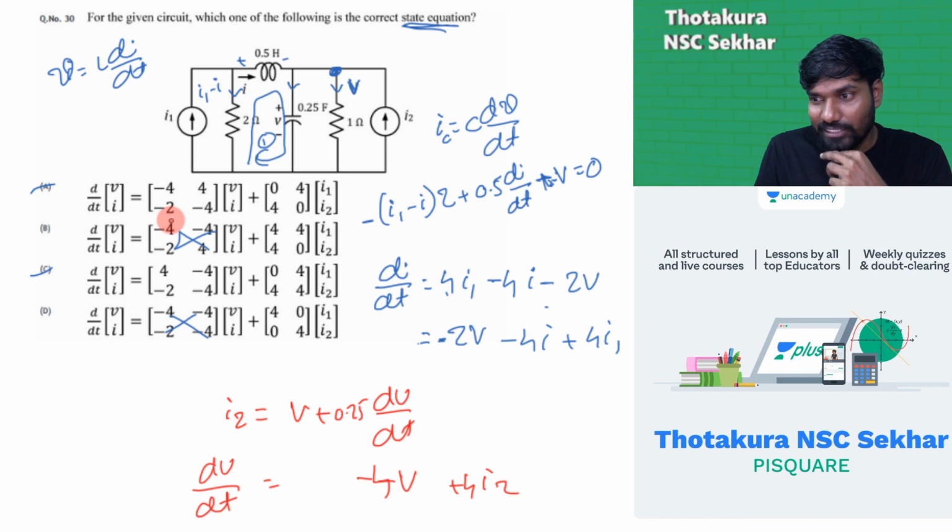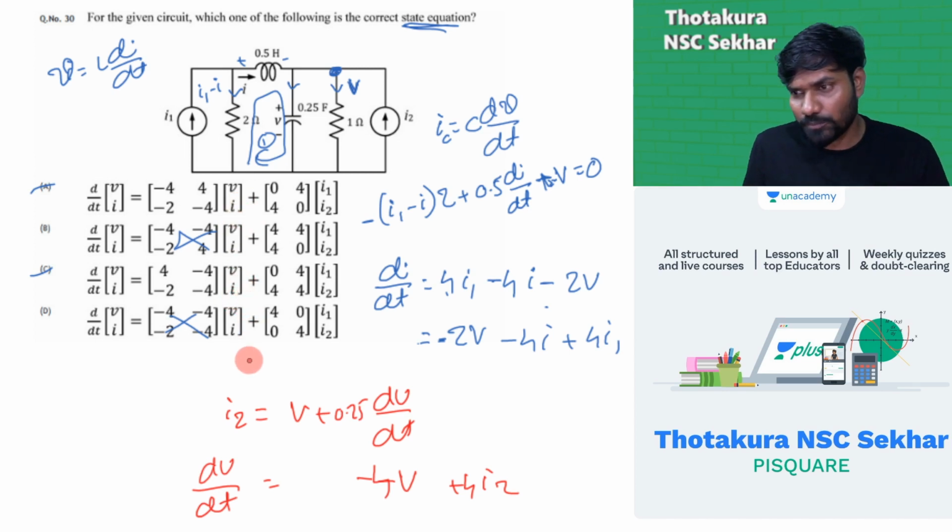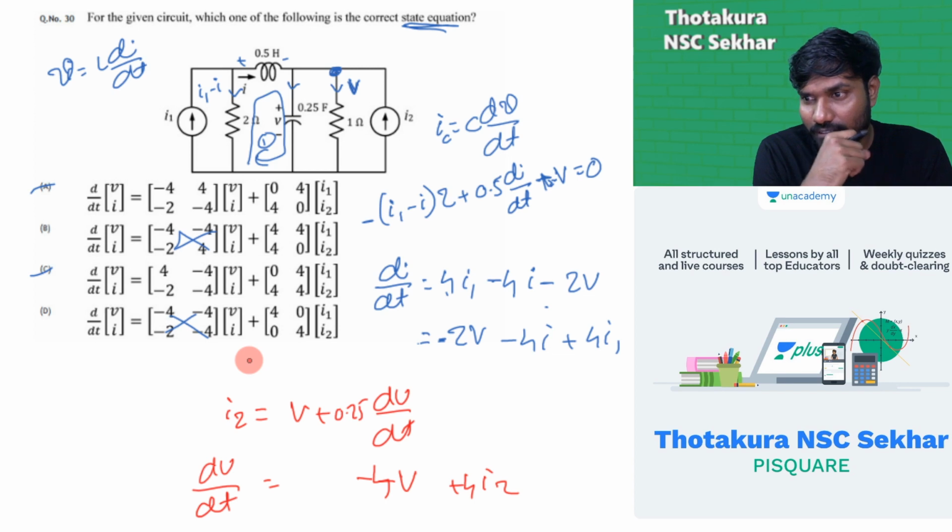again I missed something here. What is that something? Because minus 4, the I value also should be here, right? Did I miss something more? Give a check. I2 is equal to, this is the current, this is the voltage V by 1, fine, perfect.